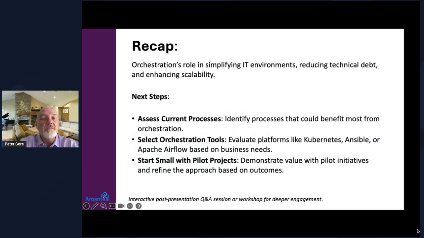Okay, so just as a quick recap, the role in simplifying IT, right? We talked about that a lot. The reduction of technical debt, enhancement of scalability across your environments. And so how do you make that happen? Look at the different processes that you have. Think outside the box. Think about how, what, and where you would be able to look at your different orchestration platforms. Look at Ansible.